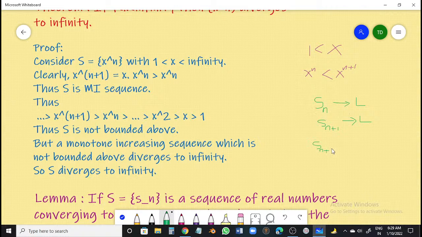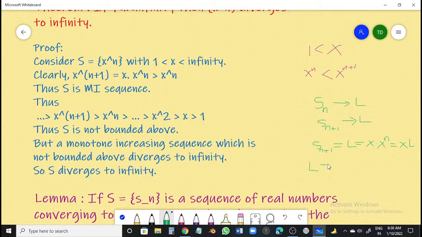S n plus 1 is nothing but, you are calling it L, and it is nothing but x raised to n plus 1, which we already bifurcated as x into x raised to n. So we can call it x into L, because after certain finitely many terms, S n will be L itself. So again we are reaching the same kind of equality. L is equal to xL.